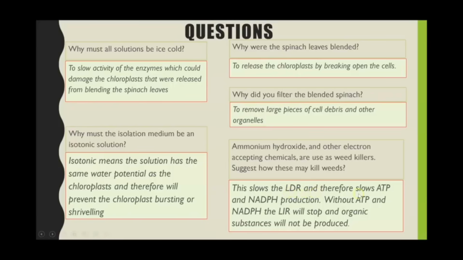And if we don't have the light-dependent reaction, ATP and NADPH are not being produced. Therefore, the light-independent reaction, the Calvin cycle, will no longer occur, and organic substances such as glucose won't be made, and the plant, in this case our weed, will eventually die.